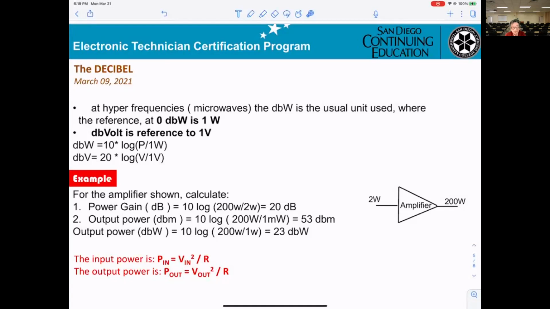Make sure you know you get 3 formulas to calculate the power. P equals R I squared, or P equals V squared over R.